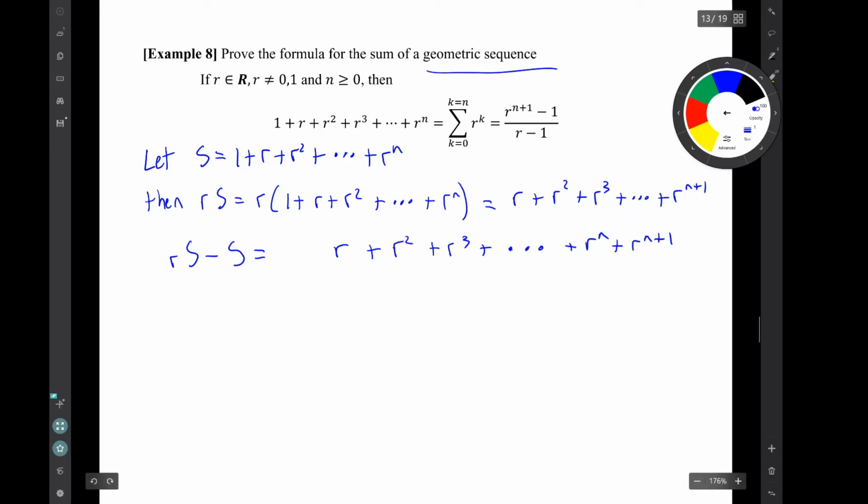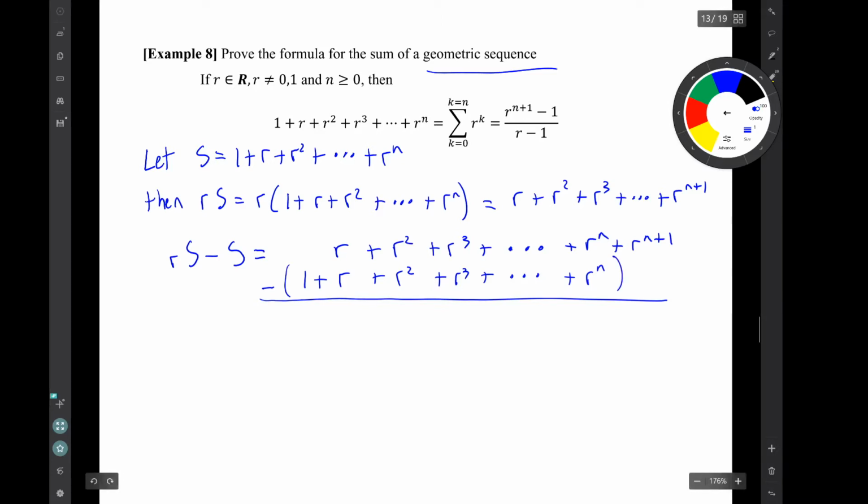Now I'm going to, on the next line down, write the terms for the sum S, and I'm going to move them over. So there are the terms for the sum S, and you can see that I move things all over. Now I have to subtract the things on the bottom row from the things on the top row.